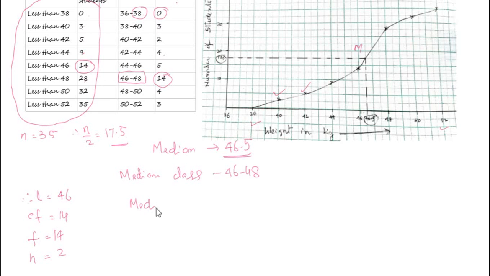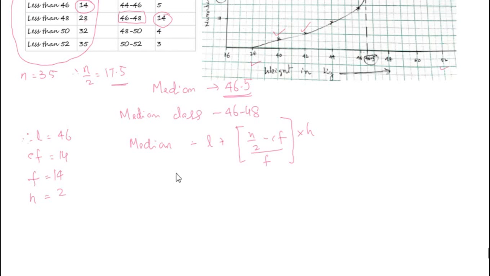Therefore, median equals L plus n by 2 minus CF divided by F, the entire thing into H. L is 46 plus n by 2 is 17.5 minus CF is 14, divided by 14, into 2.